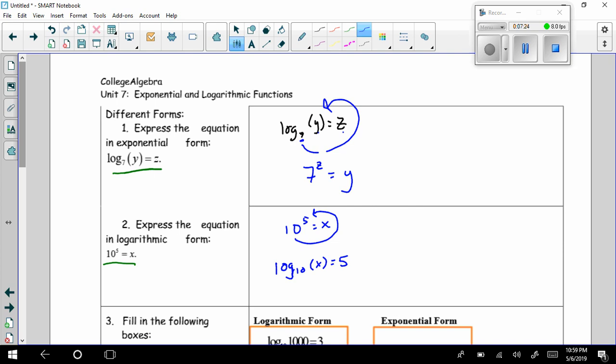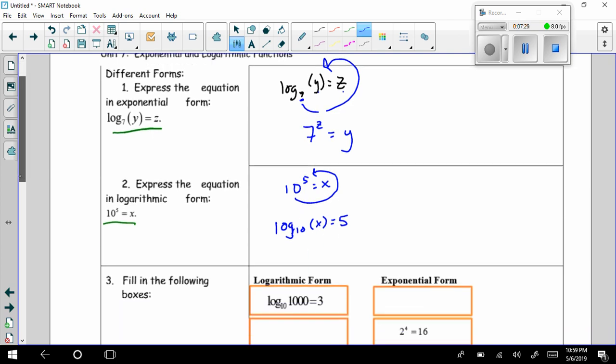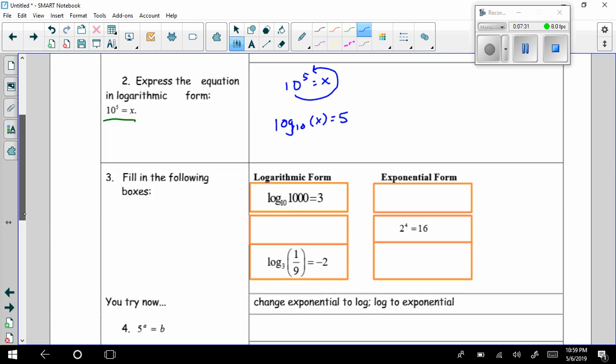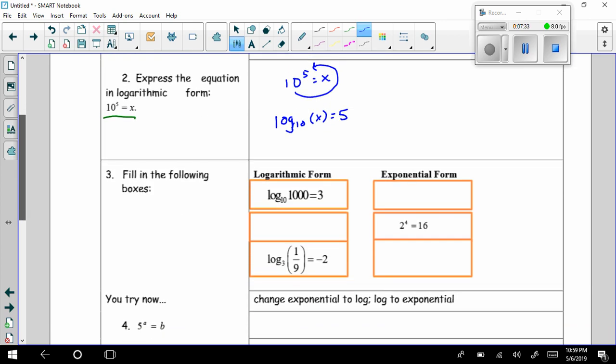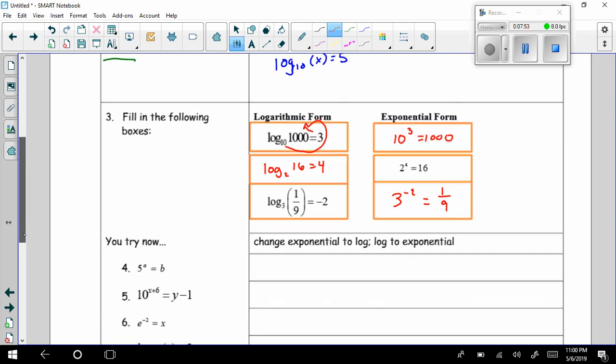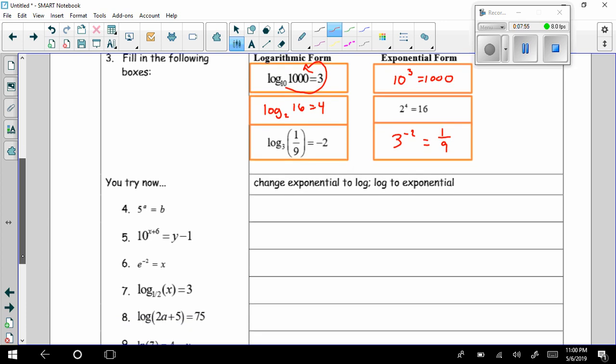Eventually, the goal is to be able to use equations, convert back and forth, and solve for variables in different positions. So go ahead and fill these boxes in. Pause the video for a second and try it yourself. Okay, there you go. Just refer to above as to how I swooped those around. All right, so 10 to the 3rd is 1,000, and so on and so forth.